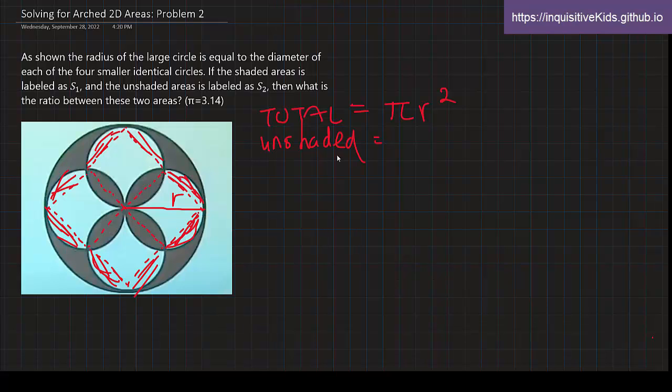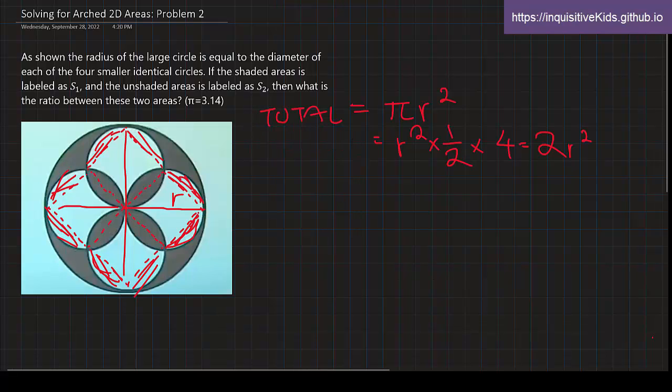If this middle part is unshaded, you could have 4 triangles form. That is how you can solve this unshaded part. You could do r squared times 1/2 times 4, and then you would have 2r squared. So this unshaded part we can replace with S2, because it says that the unshaded area is S2.